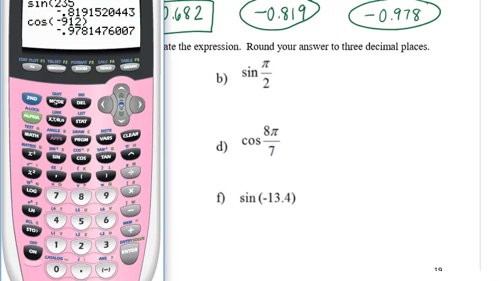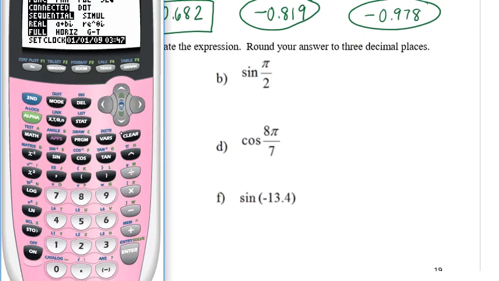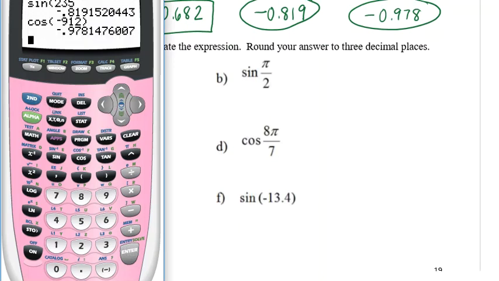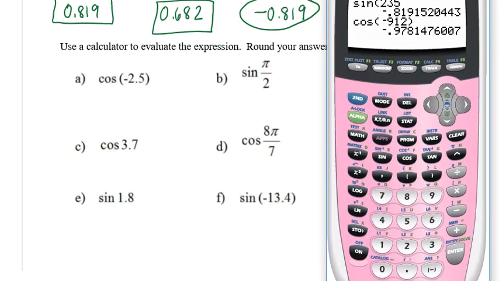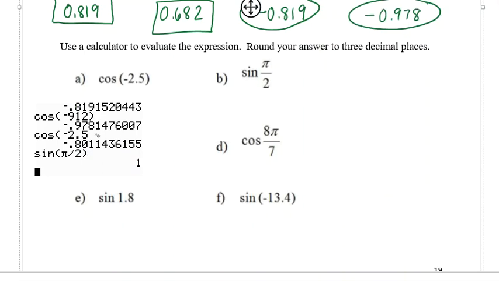For these, I want to be in radian mode. So I'm going to go to mode, switch it to radian mode, and then type these in. I'm moving it over so I can see the problem. Cosine of negative 2.5. And sine of pi, second caret to get the pi over 2.